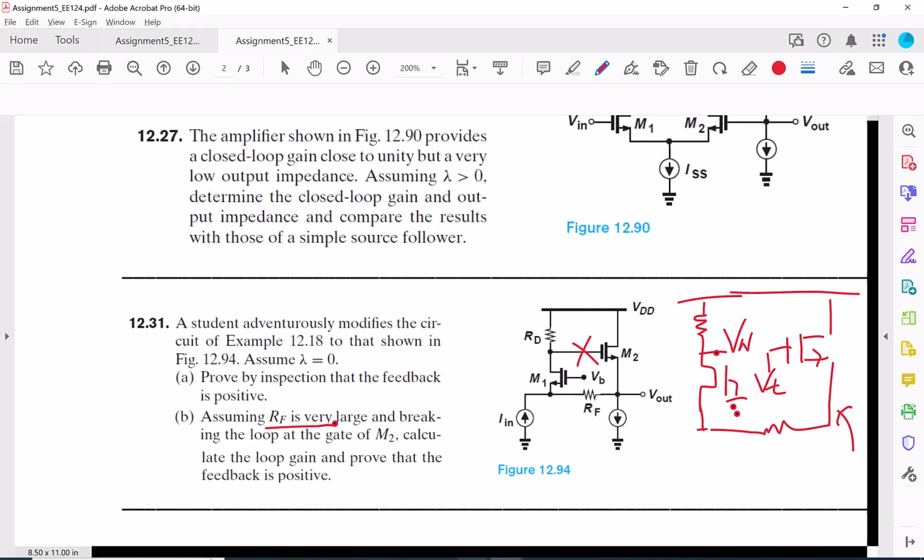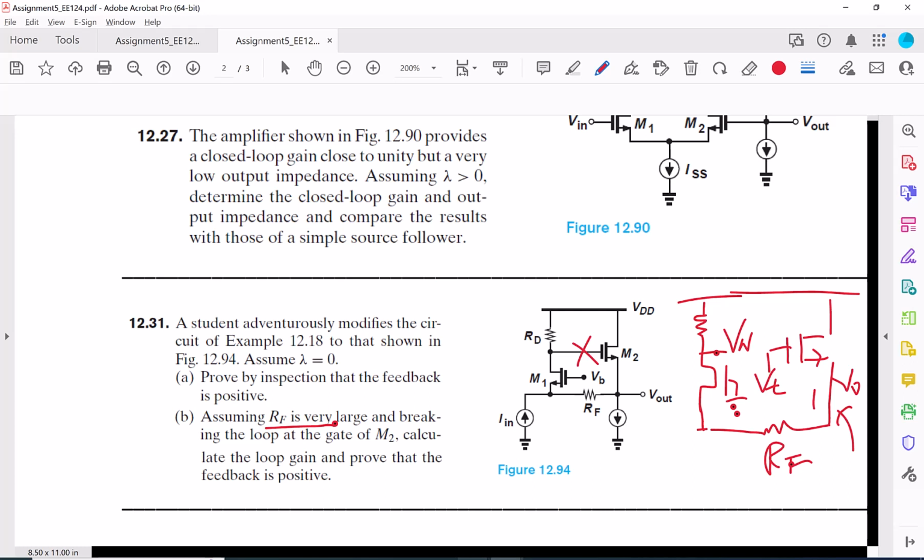But let's say you don't know the equation. What is the relationship between V out and VT? Due to what amplifier? Approximately 1. It's a source follower. Yeah, so this is 1. Done. The most important thing is it's positive, right?